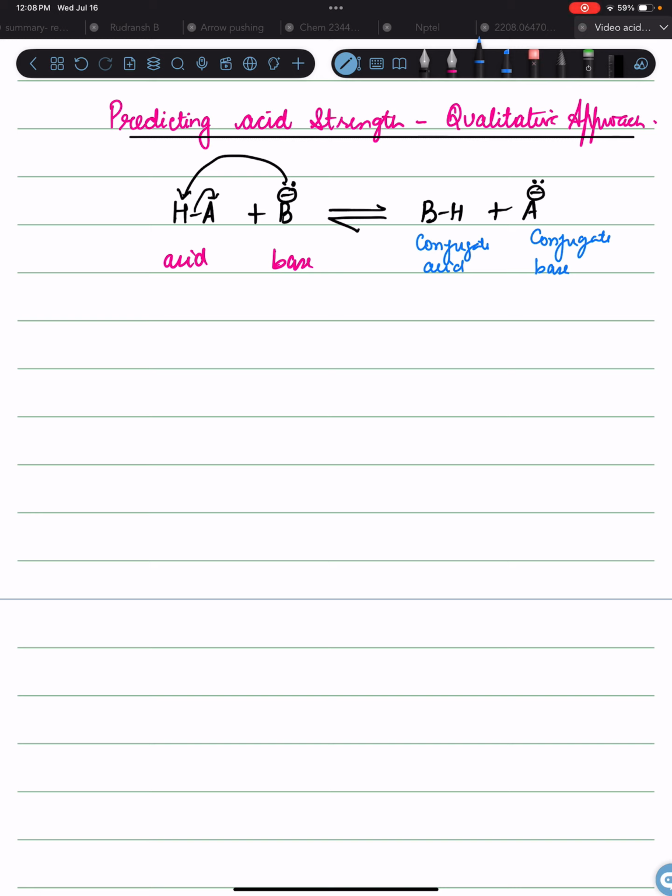So focus on this A negative. The more stable this conjugate base is, the stronger the acid HA is.